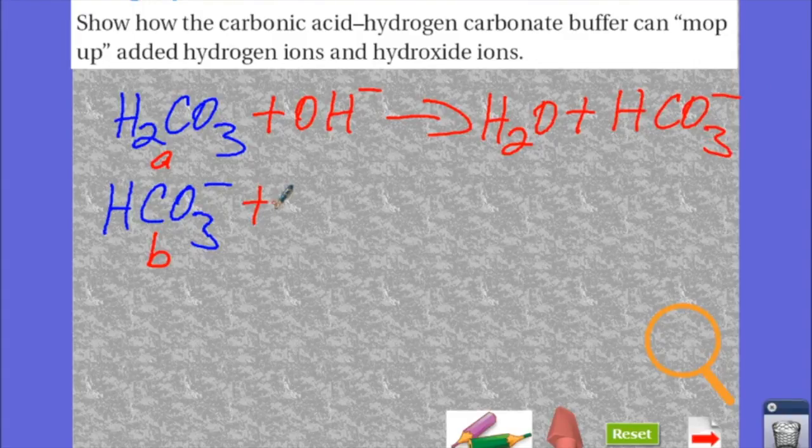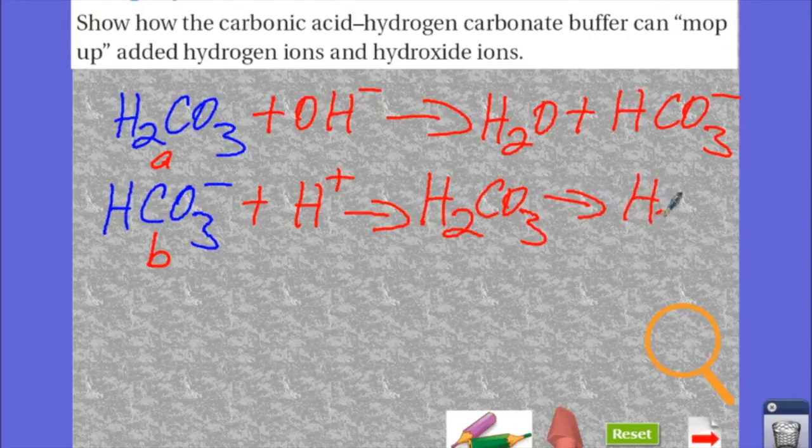If you eat something that is acidic, I already said that acid will produce H plus, which will react with your HCO3 minus to produce H2CO3, which will decompose into water and carbon dioxide. So this is a buffer. This is how a buffer works.